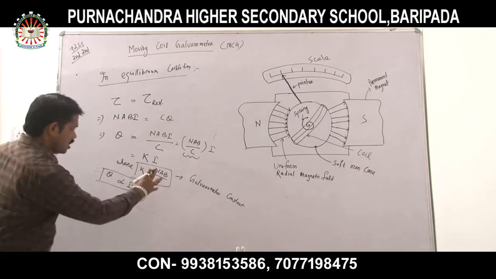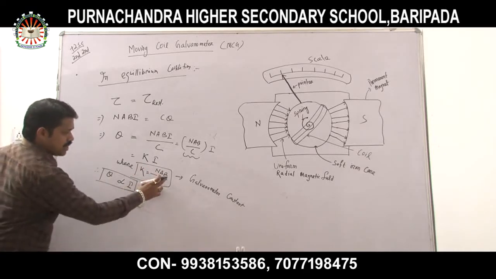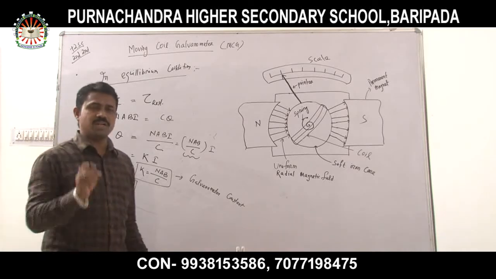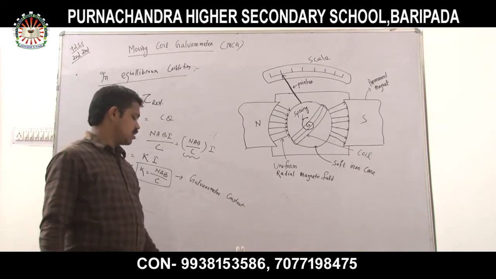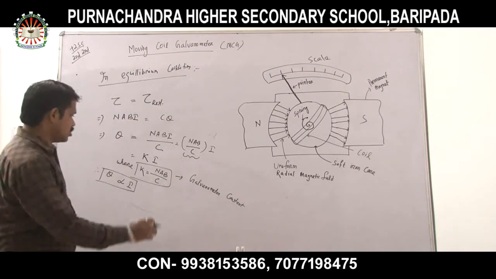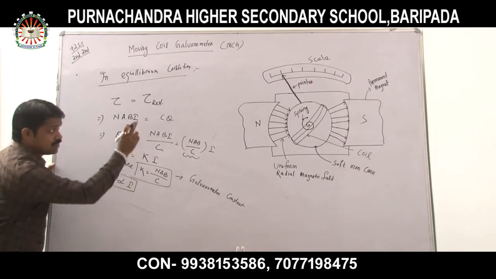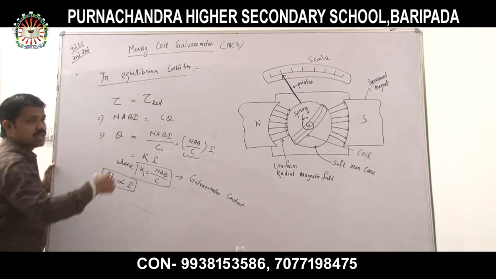Clear? Okay, because the number of turns, area of the coil, magnetic field, and the couple per twist are constants. Clear all of you? So that's why the angle of twist must be directly proportional to the deflecting current, or simply the current flowing in the coil.